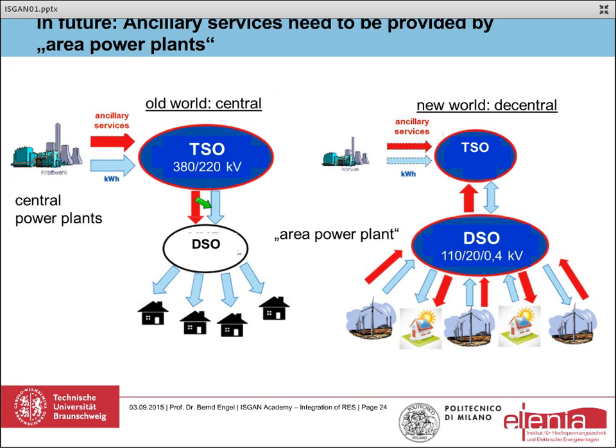The new world is a decentralized world where we have decentralized renewable power sources, and these are feeding into the distribution system at all levels, and we have only a small conventional generation with only small contribution to the energy and the ancillary services, so that the ancillary services have to be provided by the area power plant.